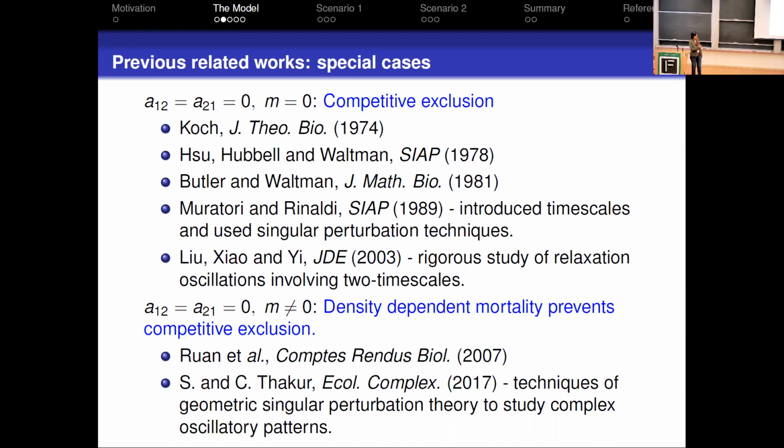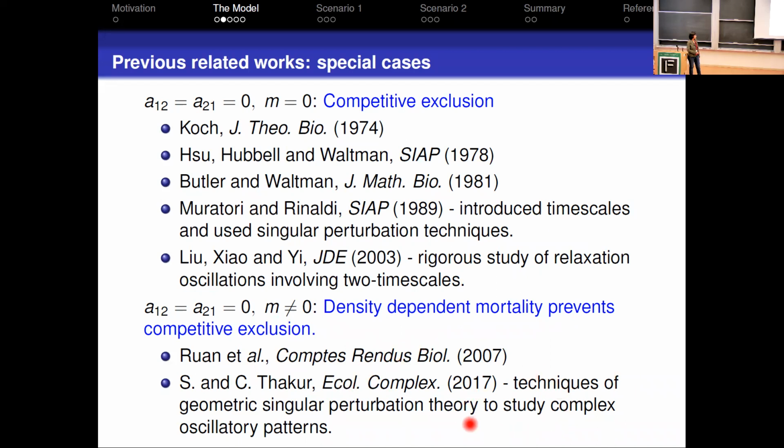And so the only possible coexistence state in this scenario is via large amplitude limit cycles. Now, when we take intraspecific competition into account, so when m is not equal to 0, it turns out that the three species can coexist in an equilibrium state, which means that density-dependent mortality can prevent competitive exclusion.